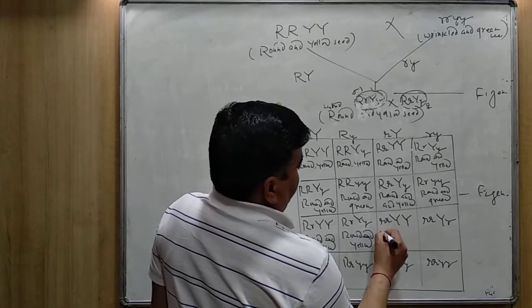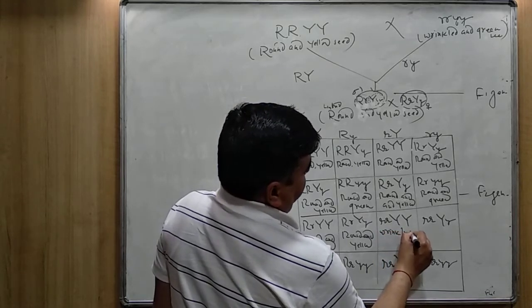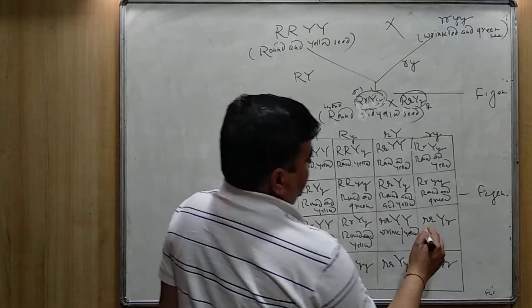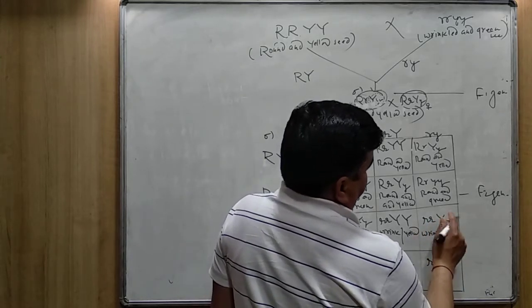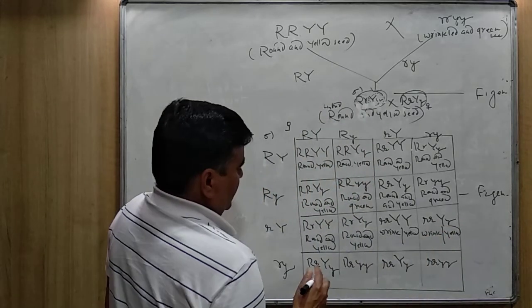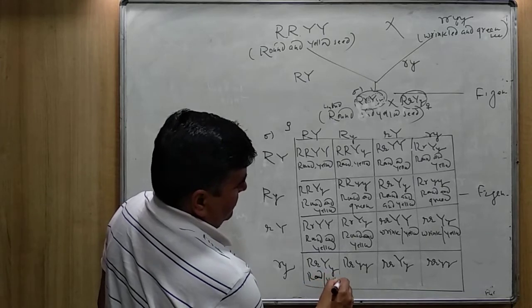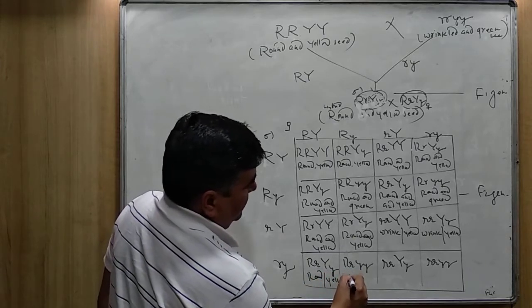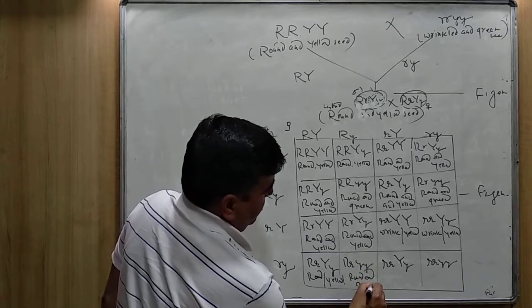Small r for wrinkled and yellow. This is also small r for wrinkled and capital Y for yellow, wrinkled and yellow, round and yellow, round and green.